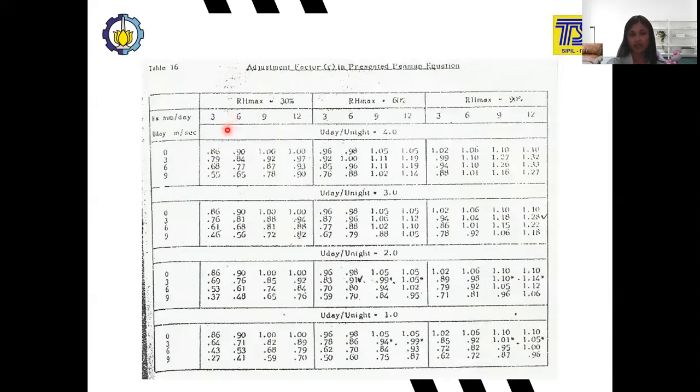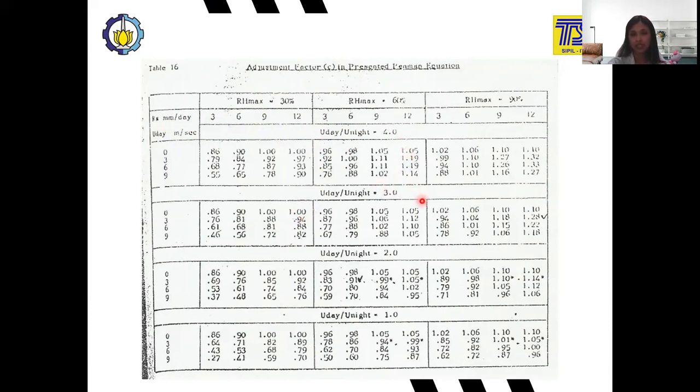If you have the data of relative humidity, and then the wind velocity in the day, and then the ratio between wind velocity in the day and the night, and then here we have the solar radiation, then you will get the number of the adjustment factor here.